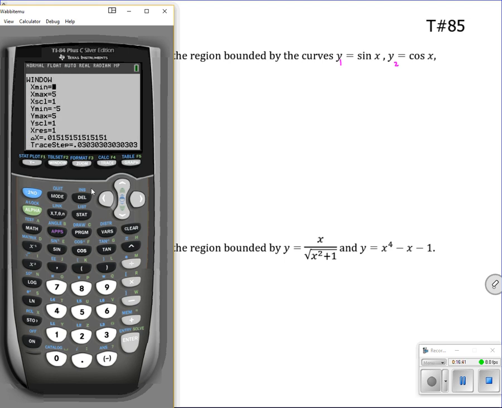So I'm going to set my window from 0 to pi over 2 because I don't want to confuse myself looking at the graph in a ton of other places. Now, I could have made my y's a little bit smaller, so let me go ahead and do that. In my window, instead of making it -5 to 5, I know sine and cosine are between -1 and 1. So I'm just going to change that to there.